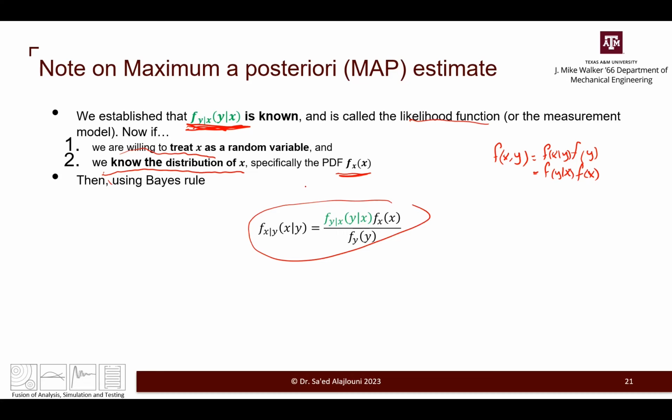But wait a minute, this is the likelihood function, we have a measurement model. And I'm assuming that we know this distribution. By the way, I'm going to call this the prior distribution, because it's the distribution that I know prior to seeing the observations y. After seeing the observations y, I can use this expression to get the posterior distribution.